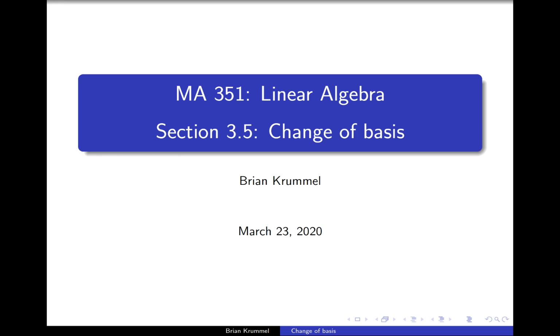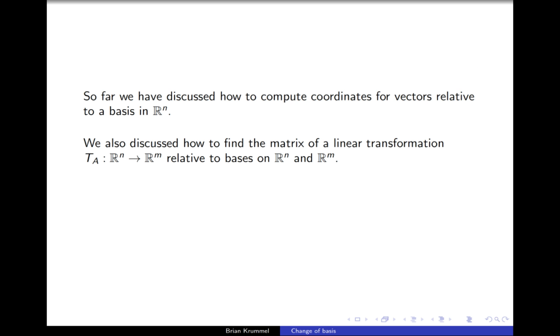Today we're going to continue section 3.5 on change of basis. So what we've done so far is we've discussed that for vectors in Rn, if we take a basis for Rn, we can represent vectors in terms of their coordinates relative to that basis.